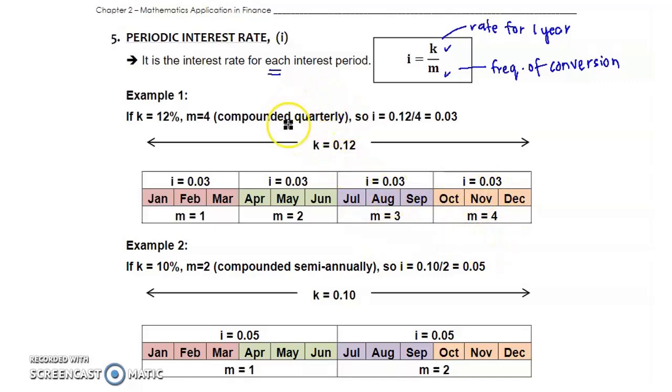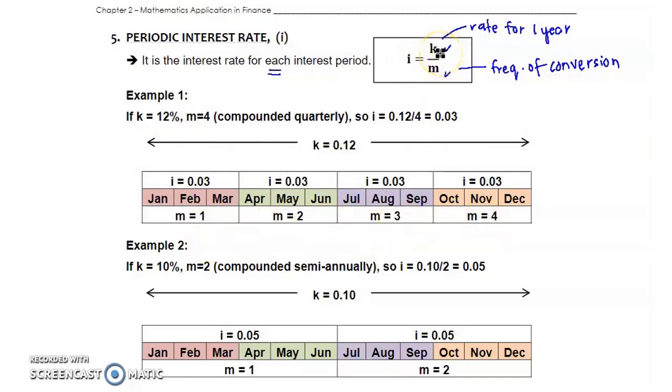Why do we calculate 4 times? Because if compounded quarterly, we need to wait 3 months, then we calculate the first interest. That means the conversion period is 3 months, or the interest period is 3 months. If K is 12% for 1 year, then for every 3 months, that's why here K divided by M. Within 1 year, how many times do we calculate interest? 1, 2, 3, 4.